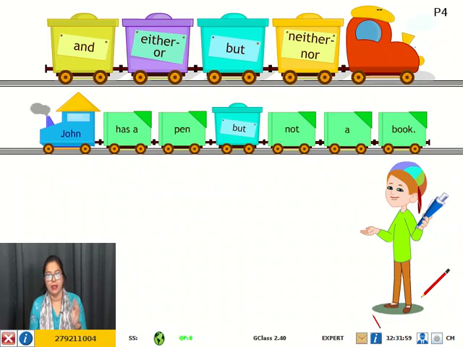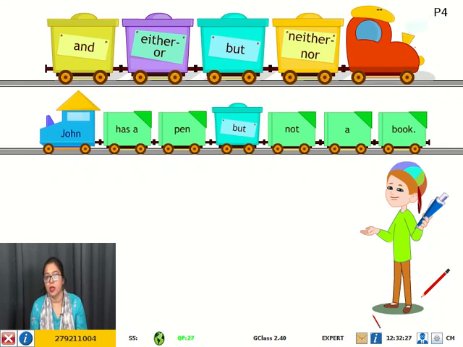John has a pen but not a book. Again I am repeating, John has a pen but not a book. What does John have? That means he has a pen but he does not have a book. Yes or no? Yeah. So along with the changes of the connectors, how the meaning of a sentence changes.